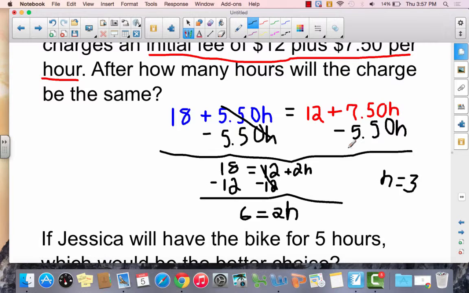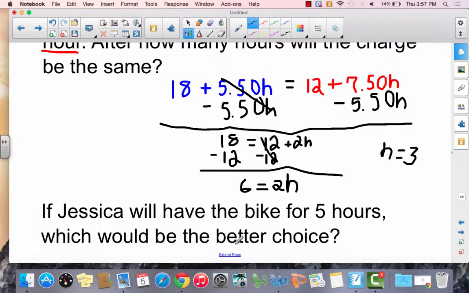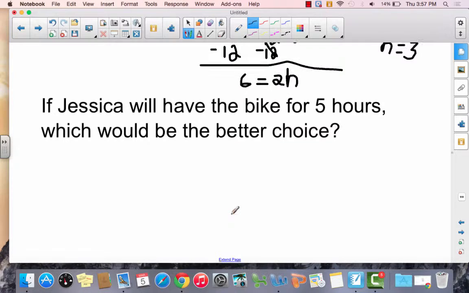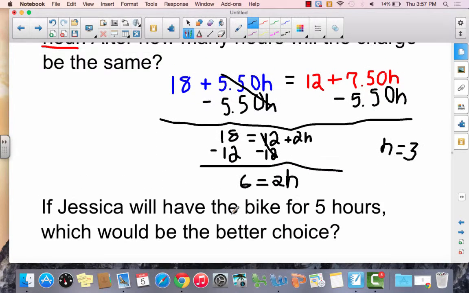In the second part of our problem, we have to determine if Jessica were to rent this bike for 5 hours, which would be the better choice. So I could think of it two ways. I can take that 5 hours and substitute a 5 into each of these expressions for h, and I can solve them, and I can see what would be cheaper.